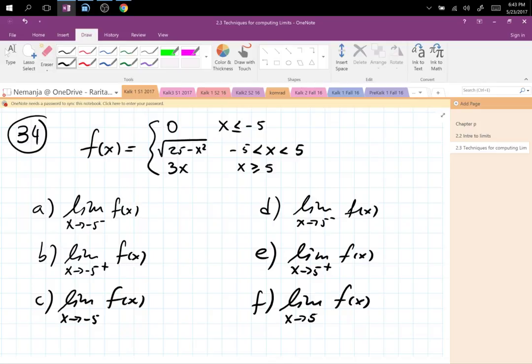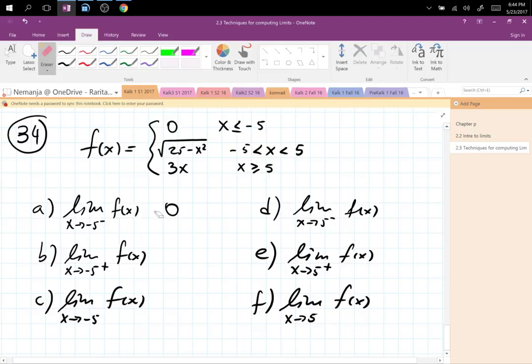So now if you are looking at this problem, you look at the graph, it's very easy to see the left and the right and all of that if you have the graph. This is why you should know how to graph. Looking at the first 3 problems, say A, B, C, you have -5 from the left. -5 from the left is this, and it's 0.